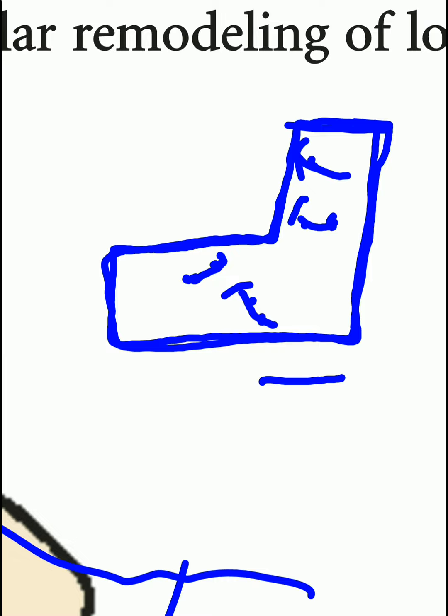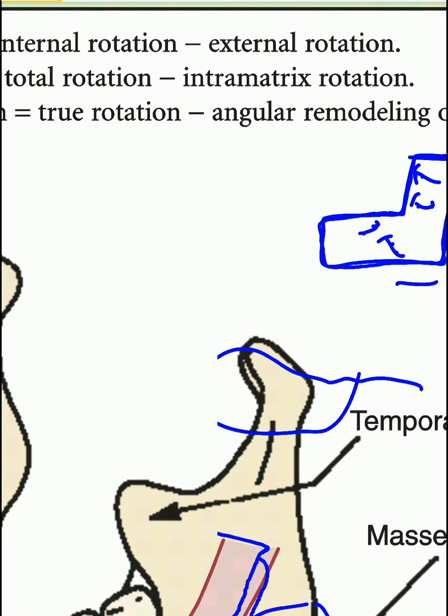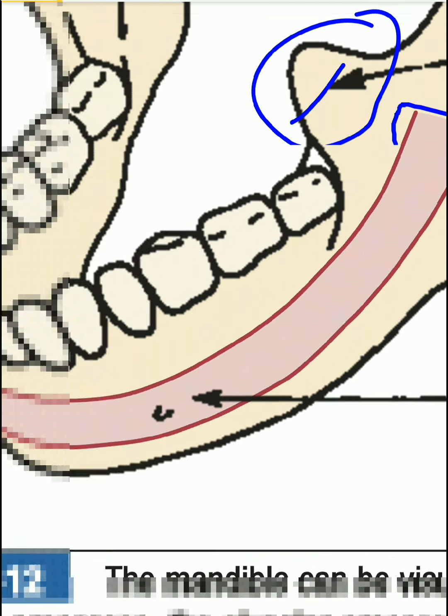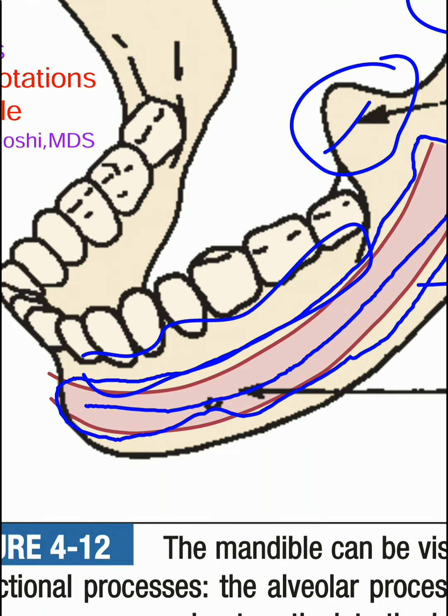Now based on this, there are certain terminologies given. One is internal rotation. When the core of the mandible is rotating, we'll call it internal rotation.